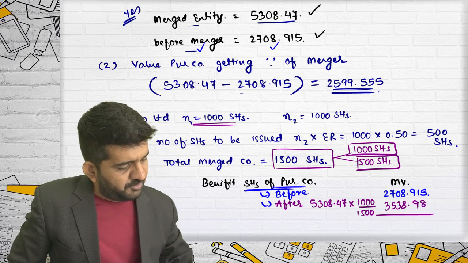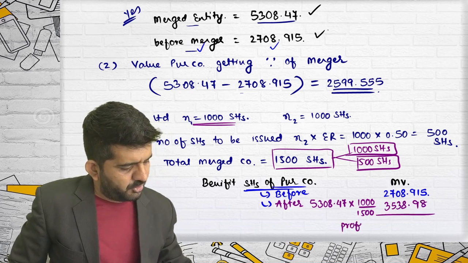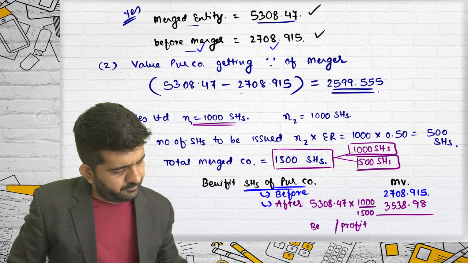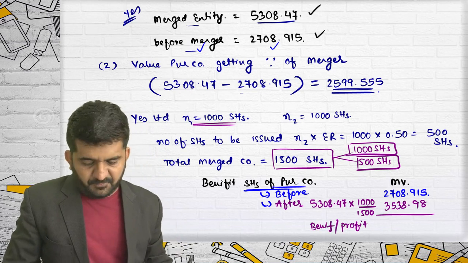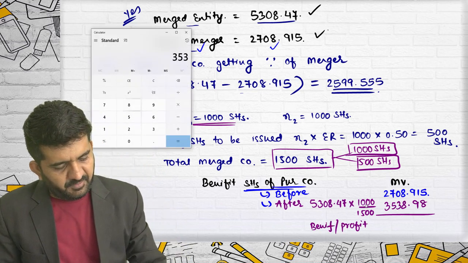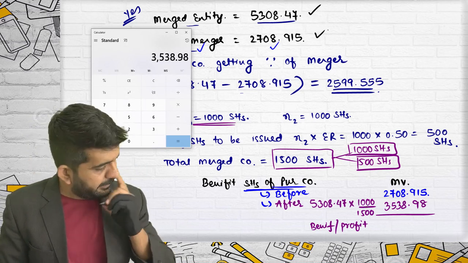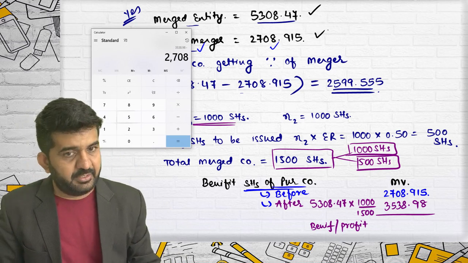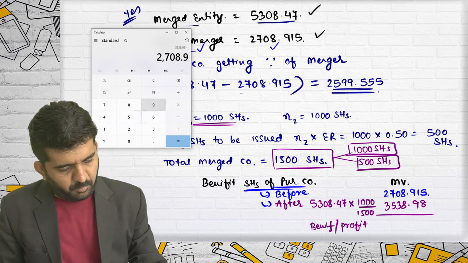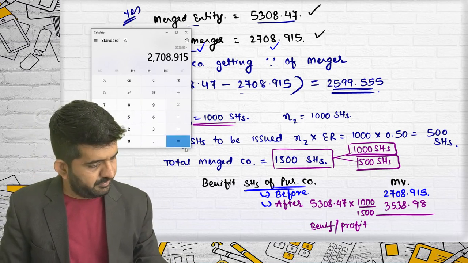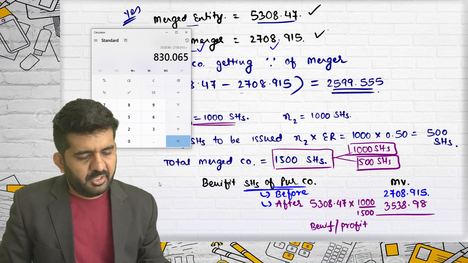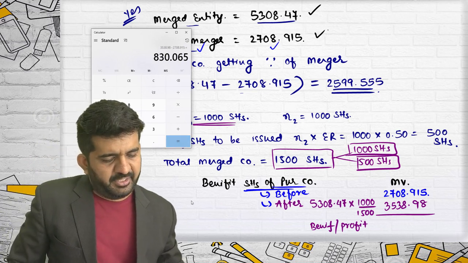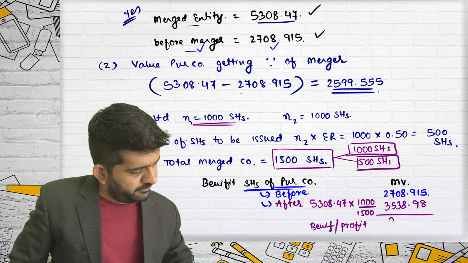After is more, so there is a benefit or profit of the difference. 3538.98 minus 2708.915. It is 830.065.